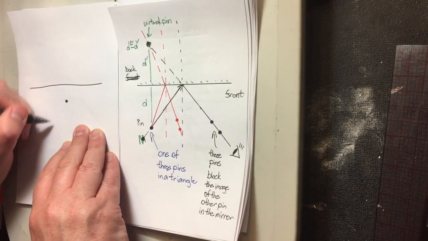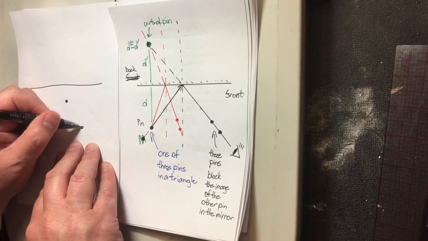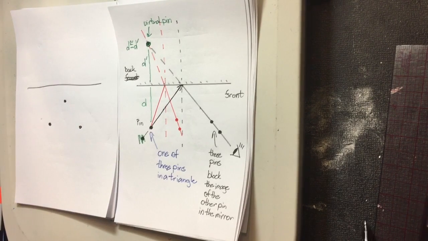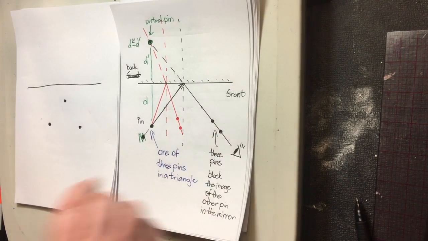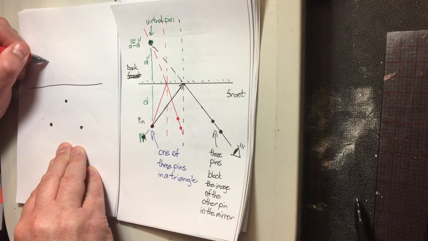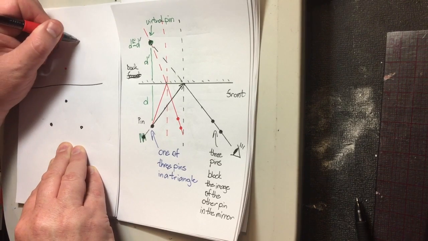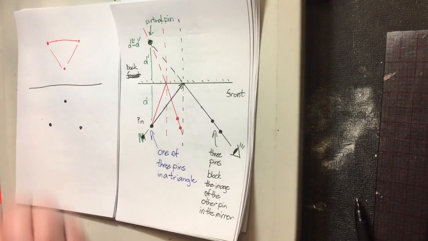So this is the pin that we just worked with, and there are going to be 2 other pins because they're going to give you a triangle and you're going to mark them off. And then you do this parallax method where you just line up pins and you create another triangle.